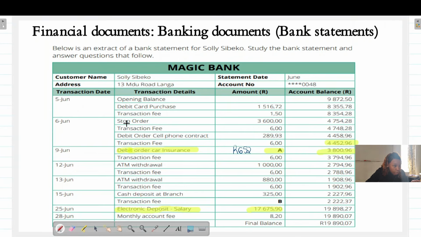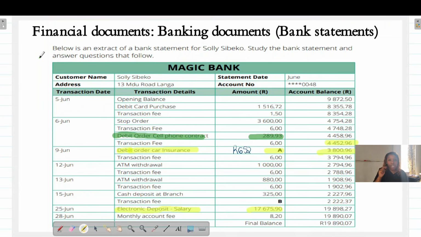So debit card purchase. Oh, there we go. We've got a debit order that goes on the 6th of June for his cell phone. I'm going to make it in green. But that debit order was actually 289 Rand and 93 cents, but they're telling us that his cell phone contract is 85 Rand. So why is it a debit order of 289 Rand 93 cents and not a debit order of 85 Rand?